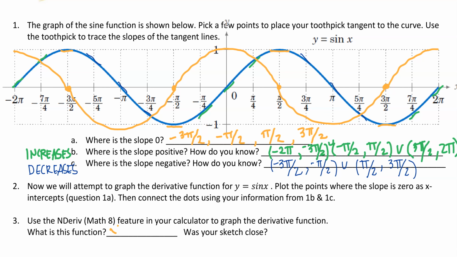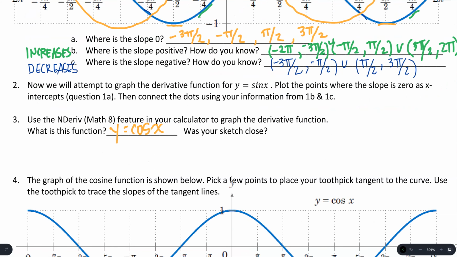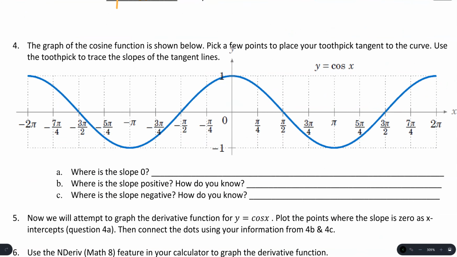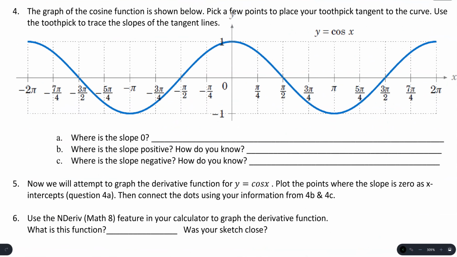Cosine, perfecto. Okay, so when you used your calculator, does that match? Using the derivative function in your calculator, the sketch is very close to that. So that means that the derivative of sine of x is going to be what? Cosine of x. Awesome.